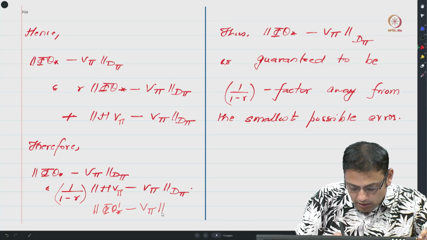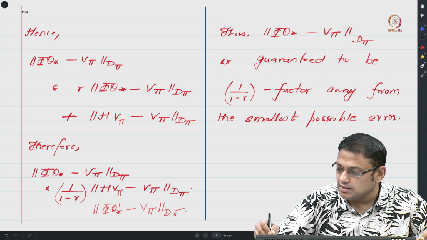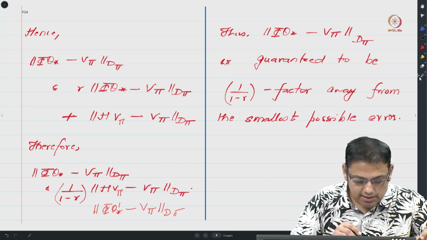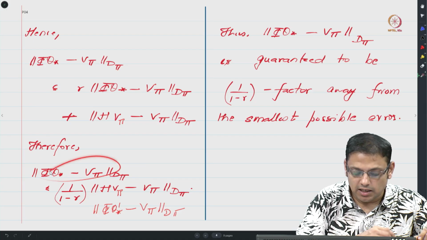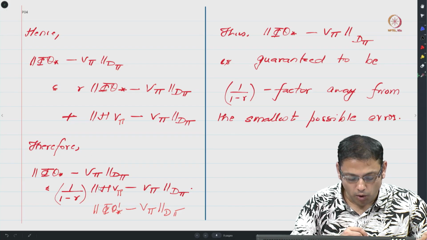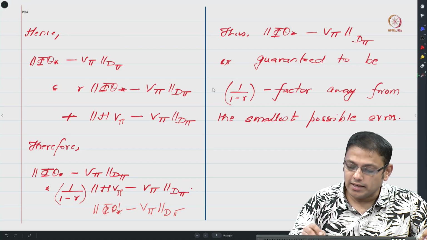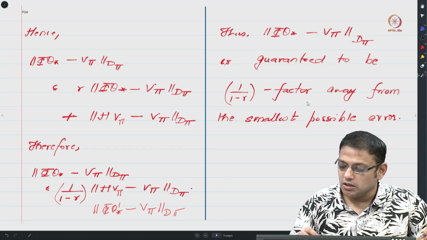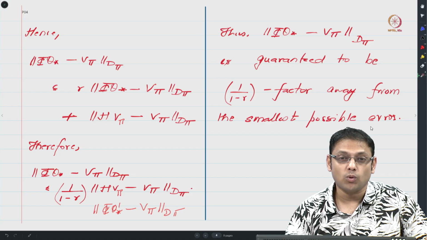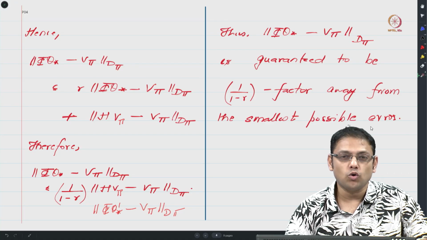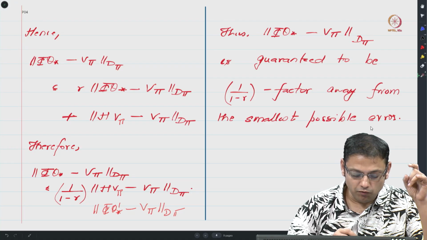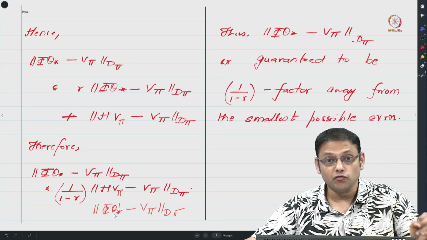So what this means is that the distance of phi theta star to v pi in this norm is at most a factor of 1 over 1 minus gamma away from the smallest possible error that one can incur by trying to approximate v pi within the column space of phi.